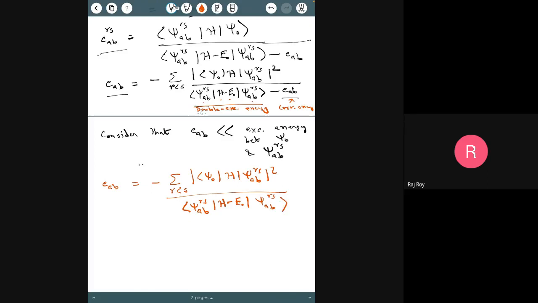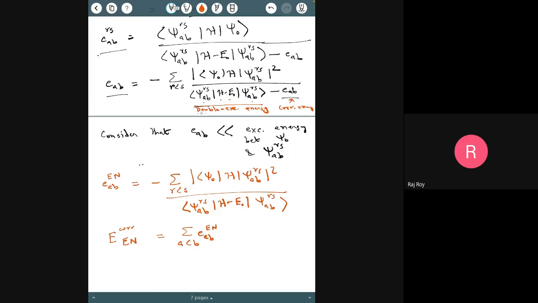Okay, and this is what is called the Epstein-Nesbet perturbation theory. And then the corresponding total correlation energy of the Epstein-Nesbet perturbation theory is the sum over A not equal to B of small EAB EN. So that is the Epstein-Nesbet perturbation theory.